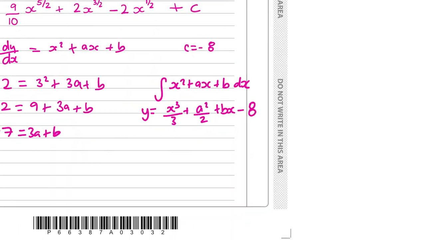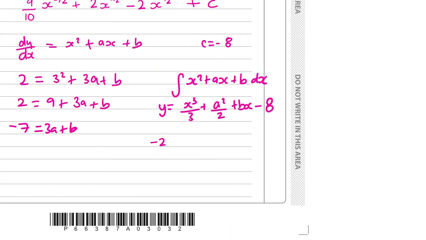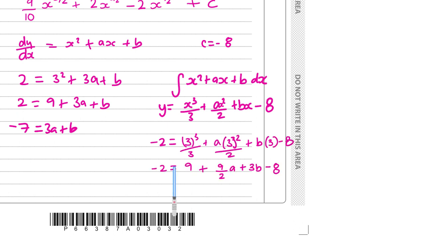So -2 equals 3 cubed over 3 plus a lots of 3 squared over 2 plus b lots of 3 minus 8. Okay, yep. So -2 equals this.